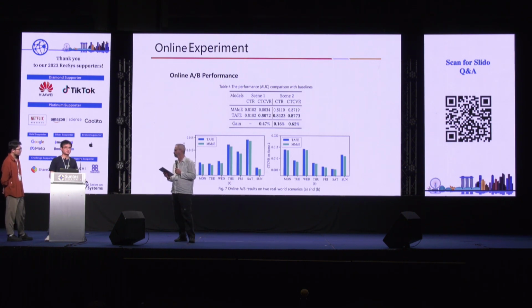Our industry scenario is not a traditional recommender system. Actually, it's a marketing system. What we do in our daily work is select some people from all of our customers and push some advertising to them.